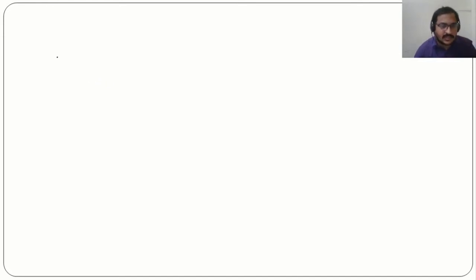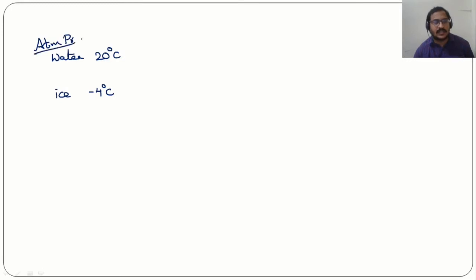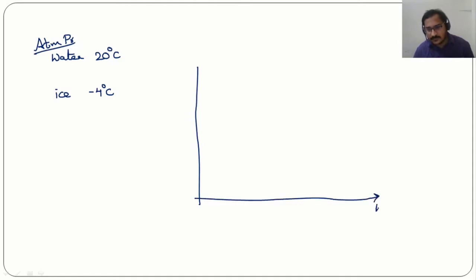So actual refrigerating effect means, let us consider that there is water at 20 degrees centigrade. I want to convert this water at 20 degrees centigrade into ice at minus 4 degrees centigrade at atmospheric pressure. Now let us take a temperature versus specific enthalpy diagram here.